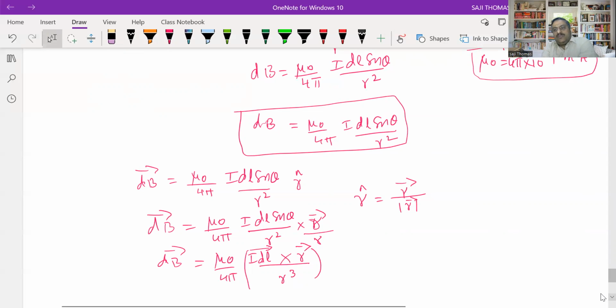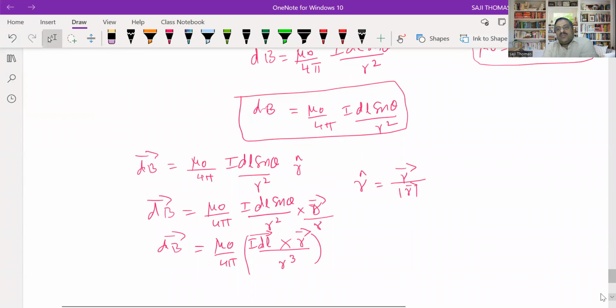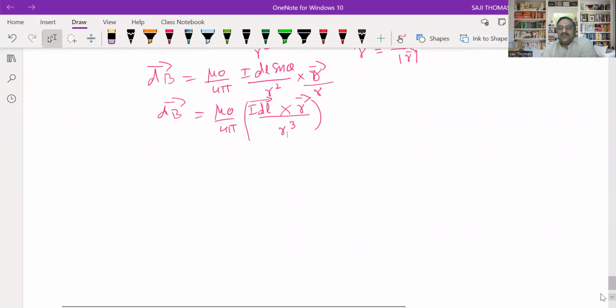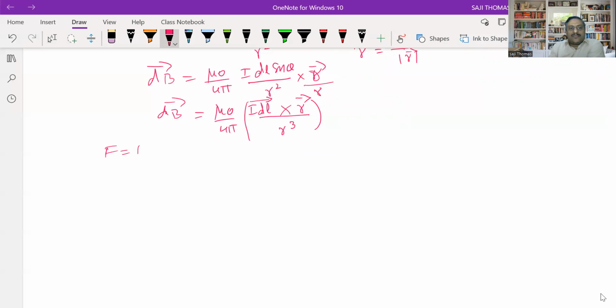Now we can compare Coulomb's law and Biot-Savart law. You know Coulomb's law: 1 by 4 pi epsilon 0 Q1 Q2 by r square. For Biot-Savart law, you see the equation: dB equals mu 0 by 4 pi I dl sin theta by r square. Both are inverse square laws. Both fields are inversely proportional to the square of the distance.